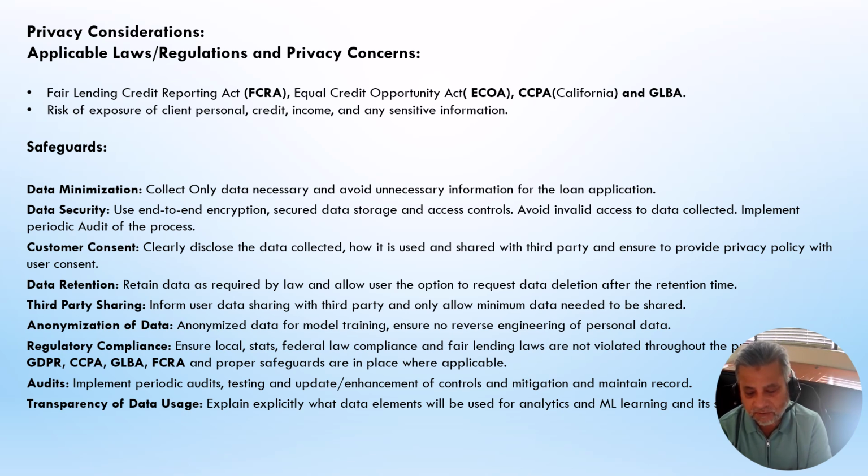If the data is used for model training, and of course it is used, we can use anonymization of the data so that data is not exposed to the people who are designing or running the model. And of course, we should ensure that local, state, federal, and other laws are complied with and proper safeguards are available wherever applicable.